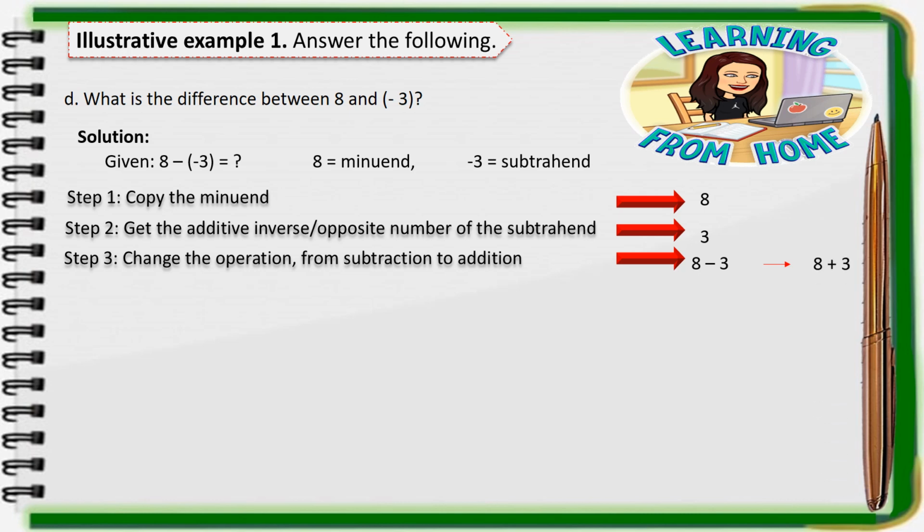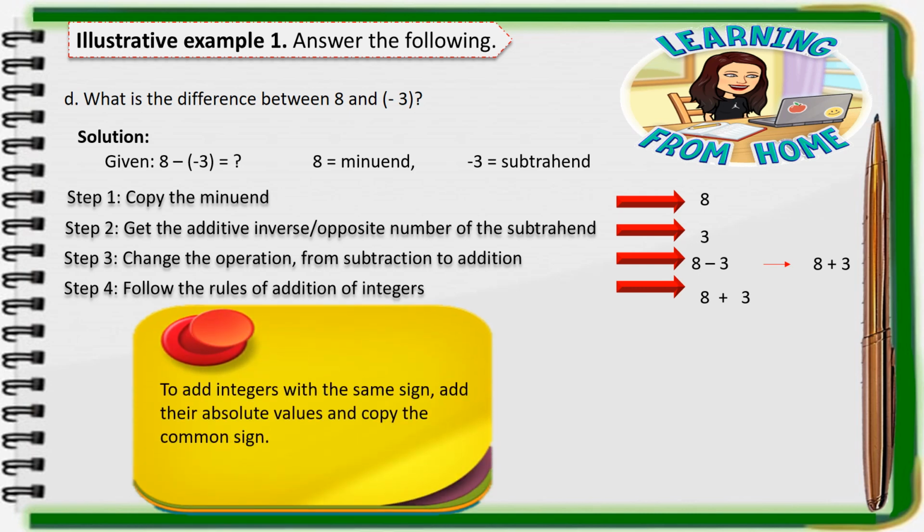At mula rito, we are going to have step number 4. Follow the rules of addition. Notice that si 8 at si 3 ay parehas positive. So, ang gagamitin natin dito ay rule number 1. To add integers with the same sign, add their absolute values and copy the common sign. So, kunin lang ang kanilang mga absolute values.